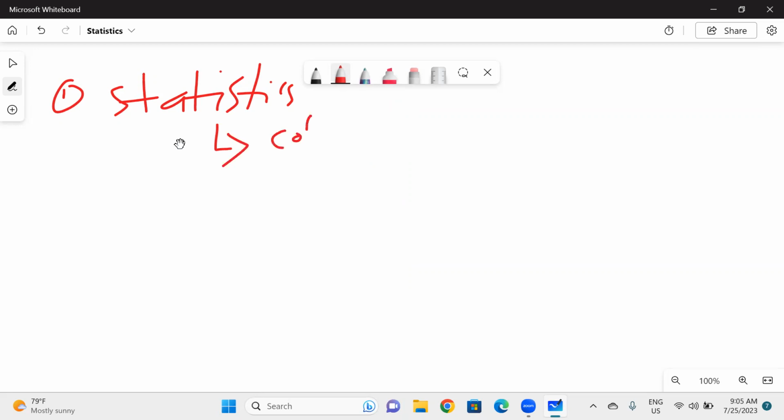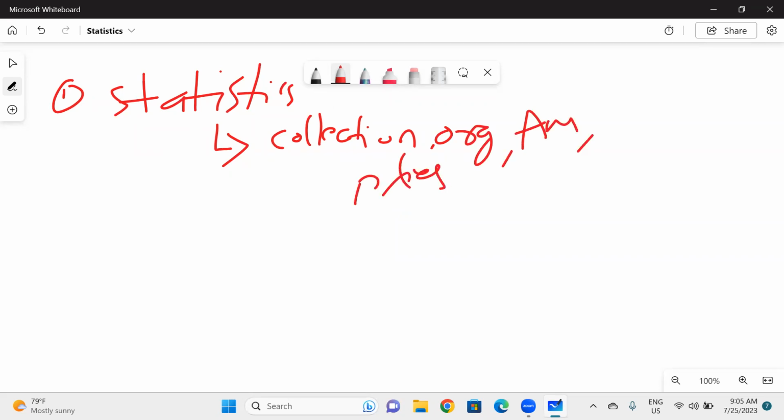If the question is what is statistics, you have to answer it as collection of data, organizing that data, analyzing it, and presenting it. If you want to know what exactly is inside the data, we can do it with the help of statistics. Selecting, organizing, analyzing and presenting depend upon the requirement.